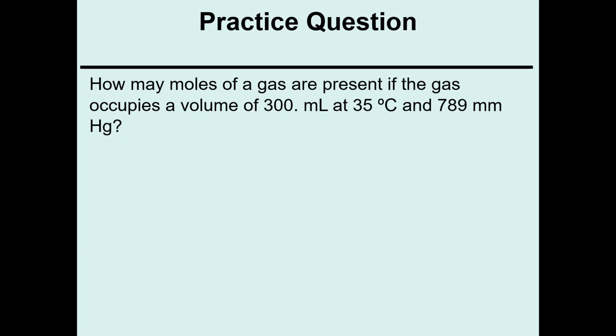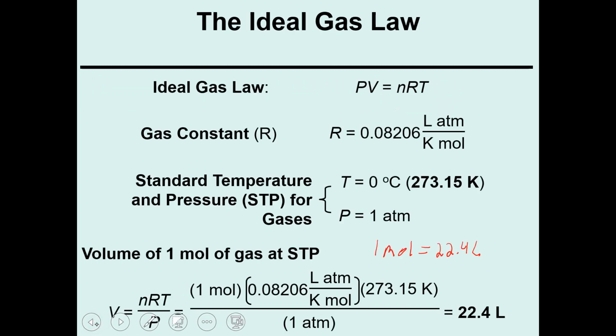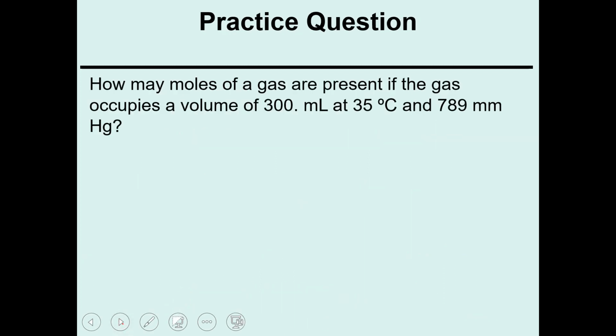You will notice, if you think back to what R is equal to, that we're going to need pressure in atm, volume in liters, and temperature in Kelvin. We do not have any of these variables in the correct units. So we need to do some conversions here.